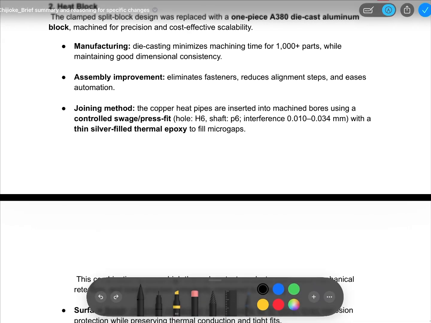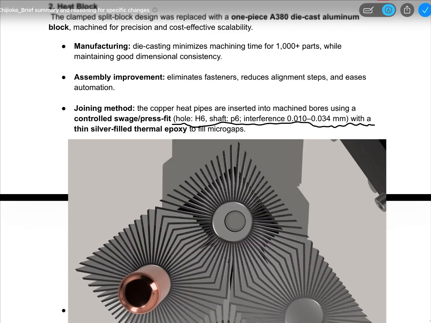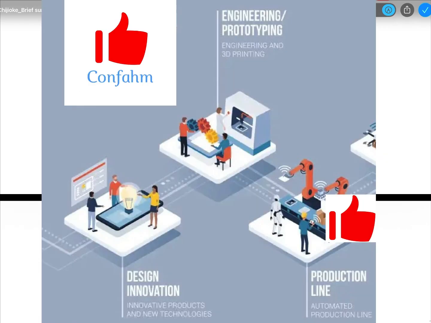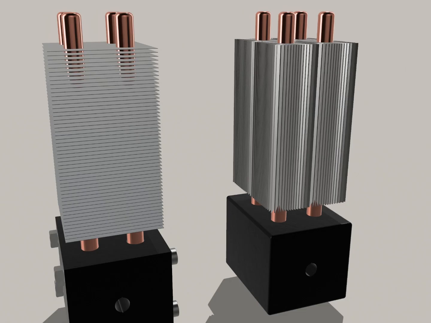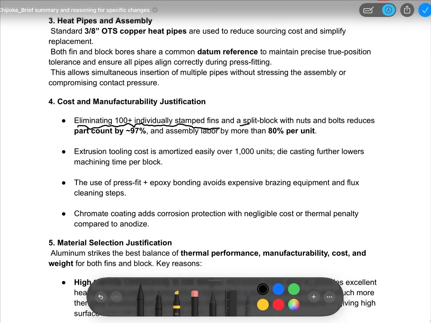This was the press fit for the holes on the extruded aluminum fin block. The holes allow the copper tubes to be press fit. This will be controlled during assembly. I designed this assembly for an automated assembly process, eliminating 100 plus individually stamped fins and the split block.